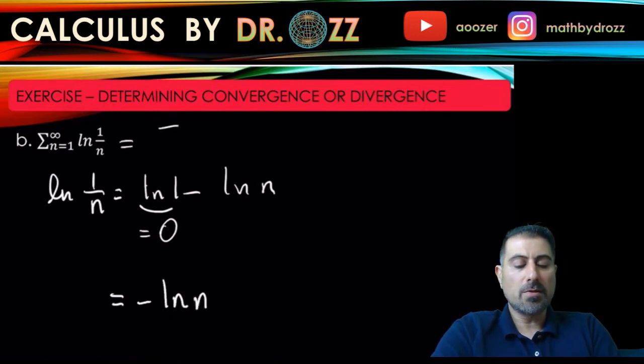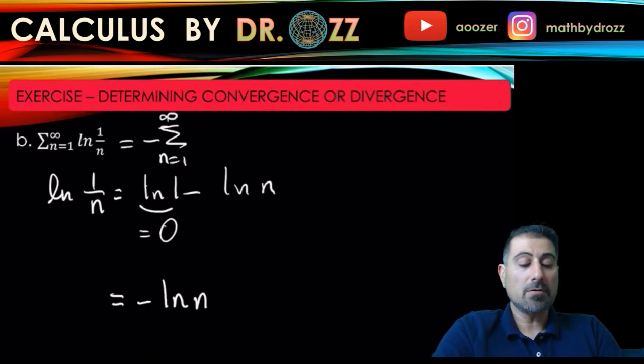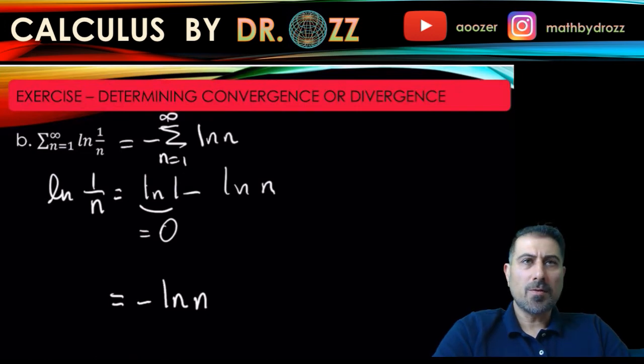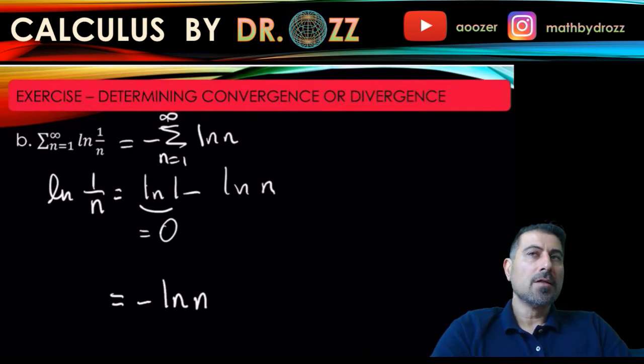So I can rewrite this sum by pulling the minus out, ln n, okay? This looks to me like a divergent series because the nth term does not go to 0, and I can prove that. At the end, I can use the nth term test to prove the divergence of this infinite series.